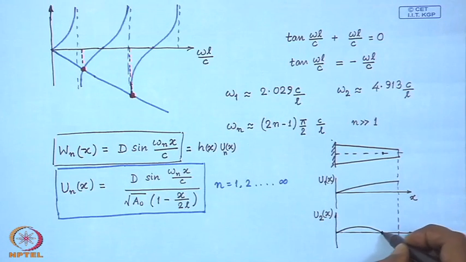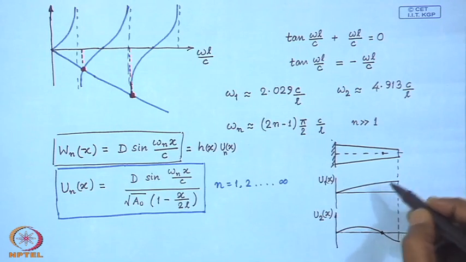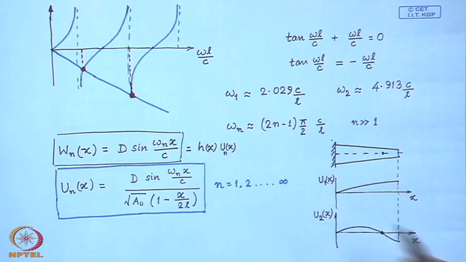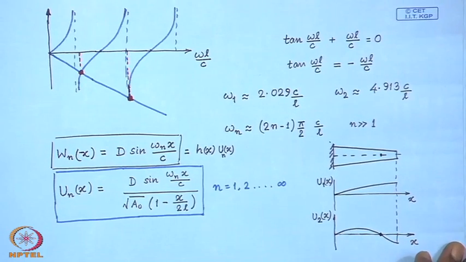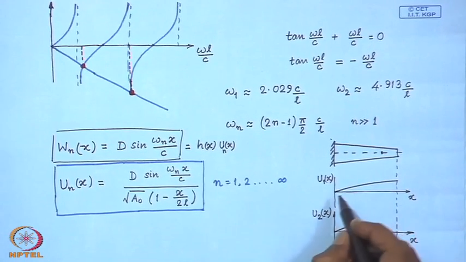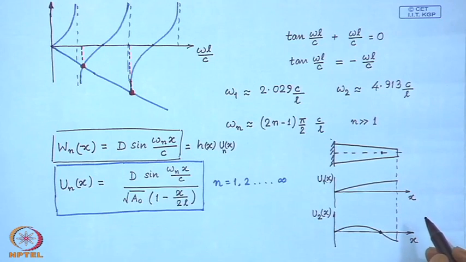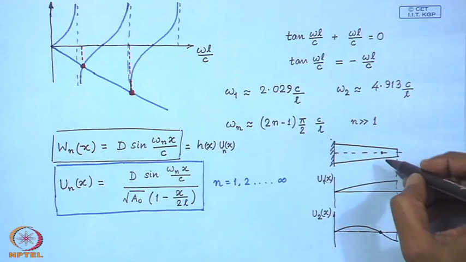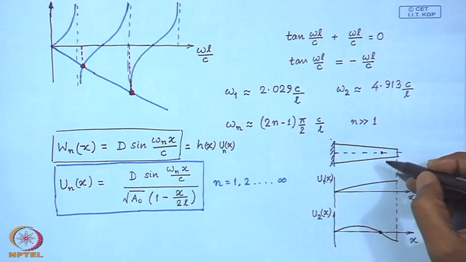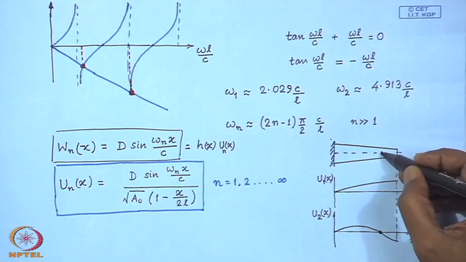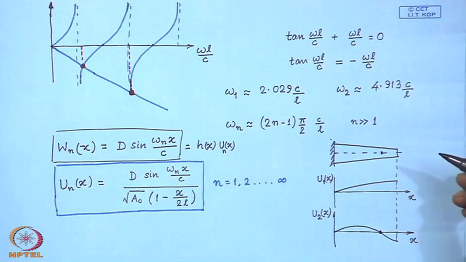There is one node in the second mode and no node in the fundamental, for the eigenfunction u1. So, this node, as we discussed in the previous lecture, is the point on the bar which remains stationary at all times.